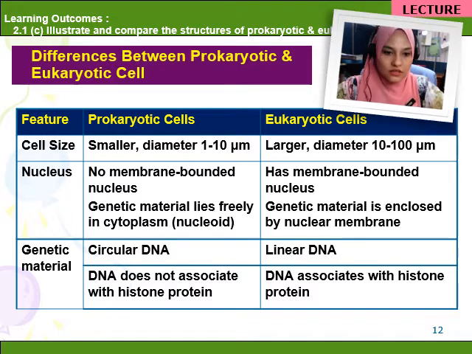The next feature which differentiates prokaryotic and eukaryotic cells is the genetic material, or DNA. For prokaryotic cells, the DNA is circular and not associated with histone protein, while for eukaryotic cells, the DNA is linear and associated with histone protein. So what is histone protein? I am going to explain in the next couple of slides.